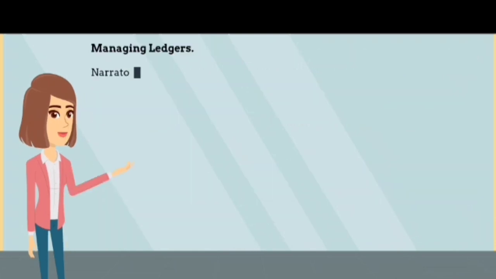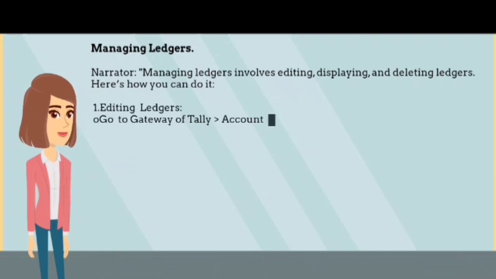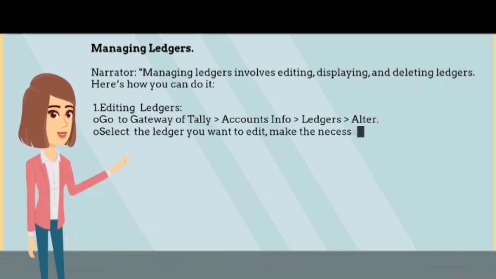Managing ledgers. Managing ledgers involves editing, displaying, and deleting ledgers. Here's how you can do it. 1. Editing ledgers. Go to Gateway of Tally, Accounts Info, Ledgers, Alter. Select the ledger you want to edit, make the necessary changes, and save. 2.